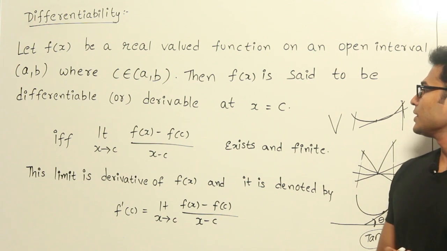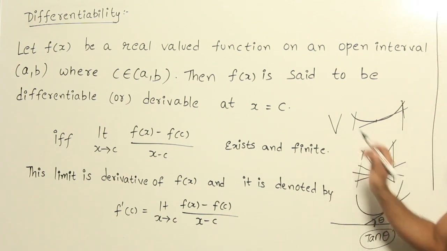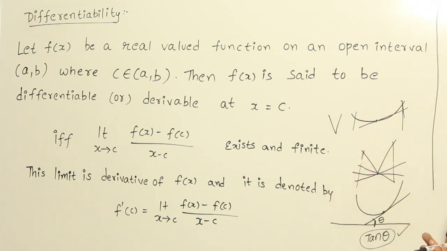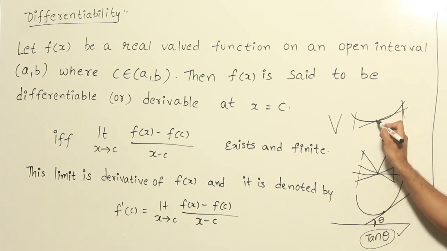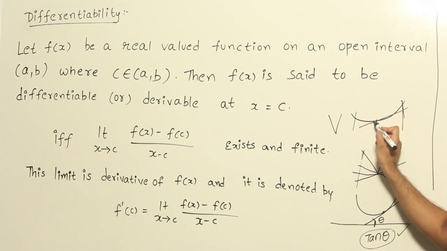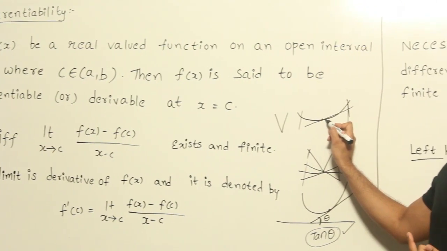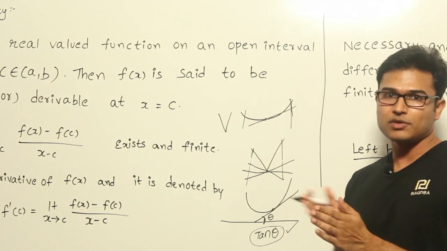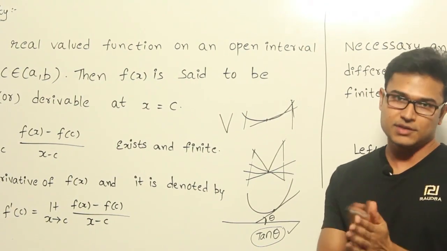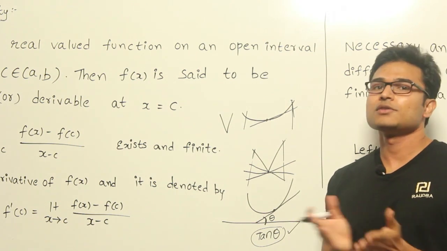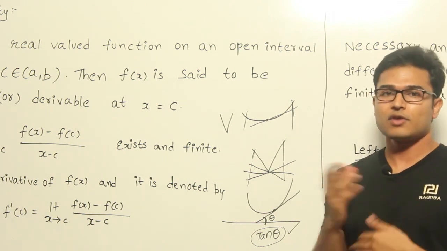So what is the formal definition? See this. When can you say that the tangent is unique for a function? If you can draw a tangent at a point just to the left of it, and a tangent at a point just to the right of it, and all these tangents are the same, then we can say that it is unique. Otherwise we can draw an infinite number.